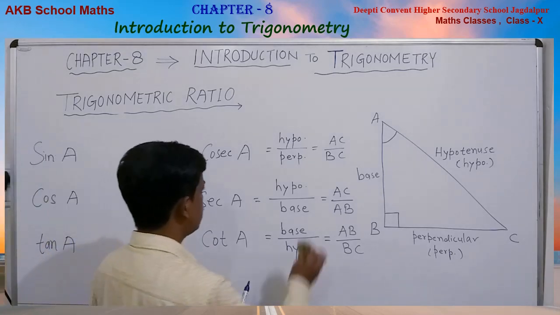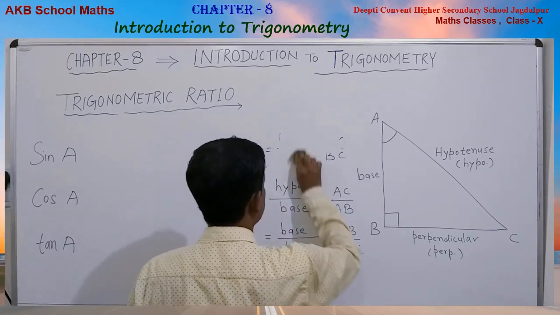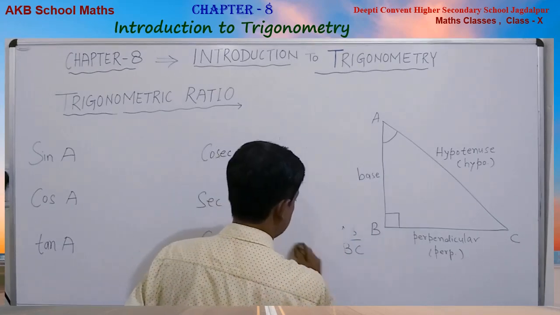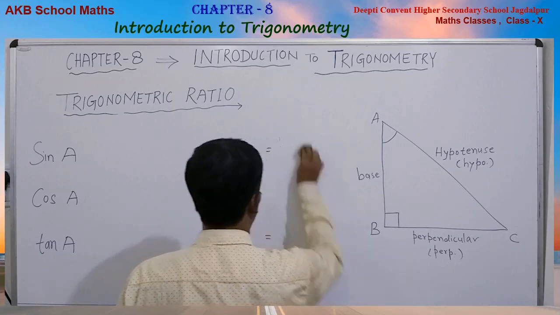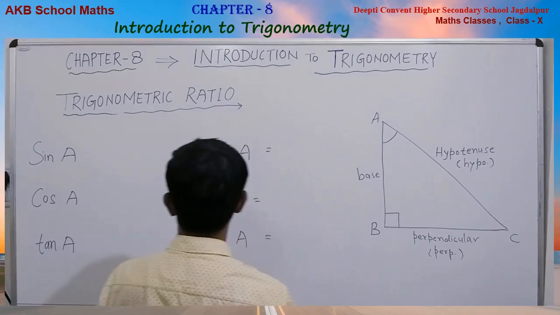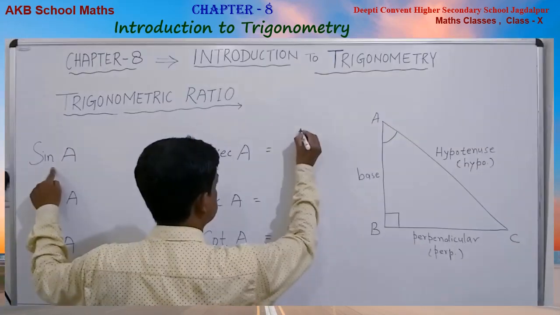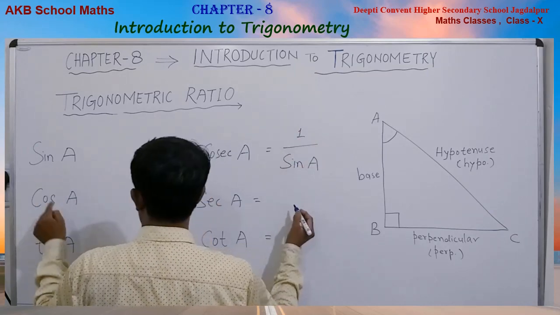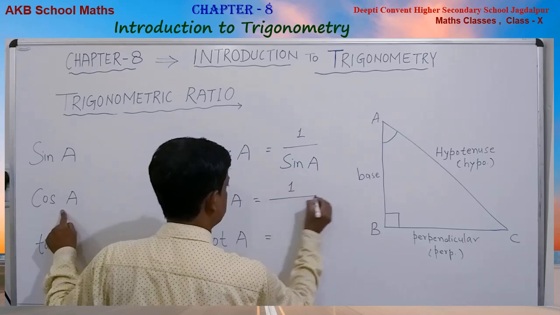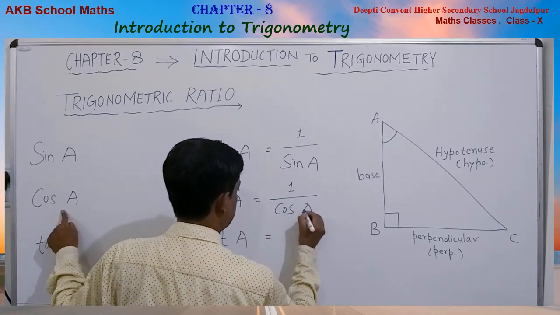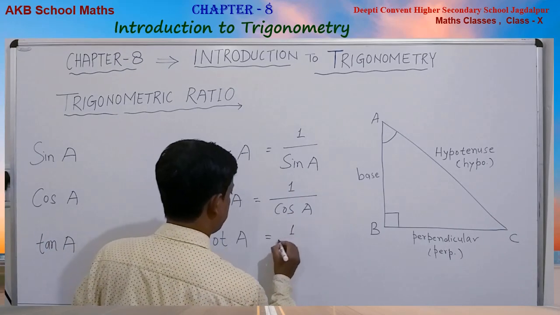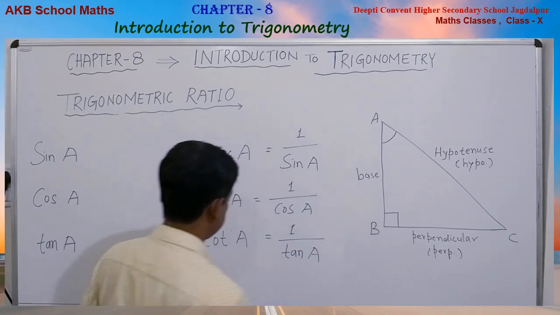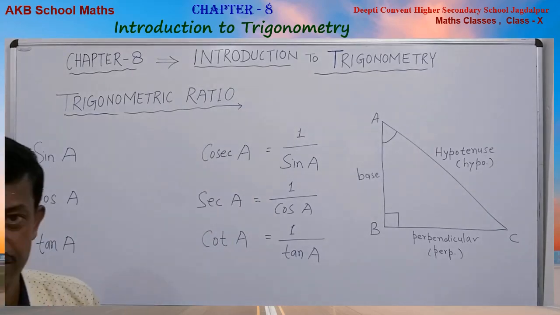That is, we can also write cosec A equals the reciprocal of sine, that means 1 upon sin A. Sec means 1 upon cos A. Cot means 1 upon tan A. So these are the reciprocal relations.